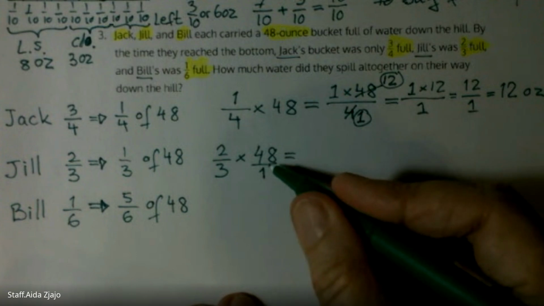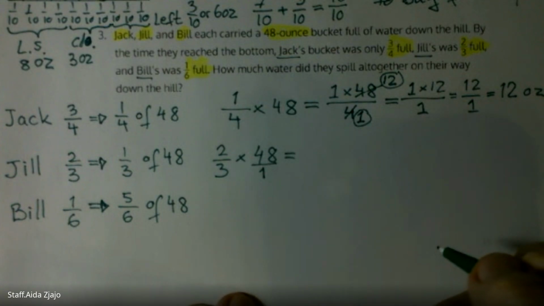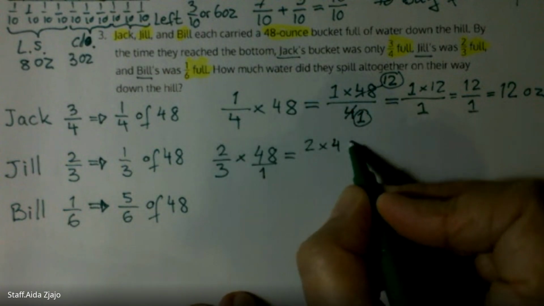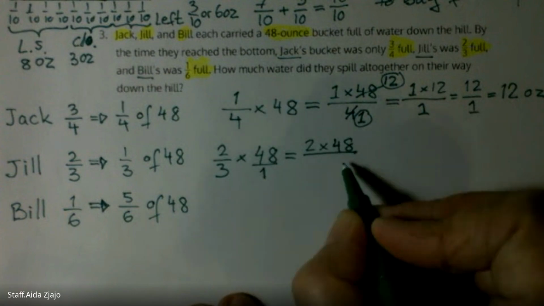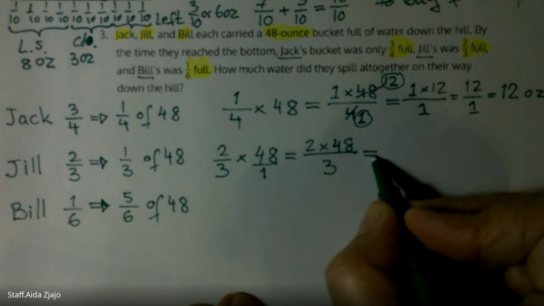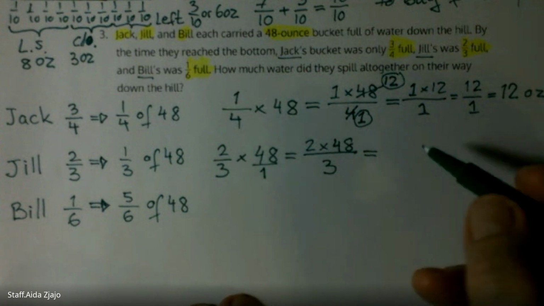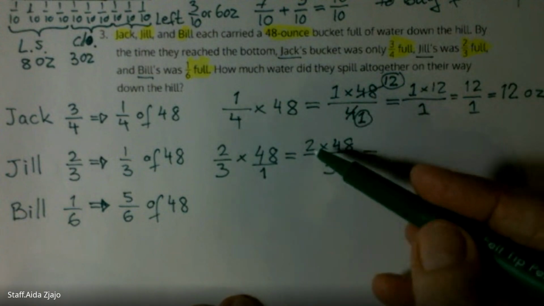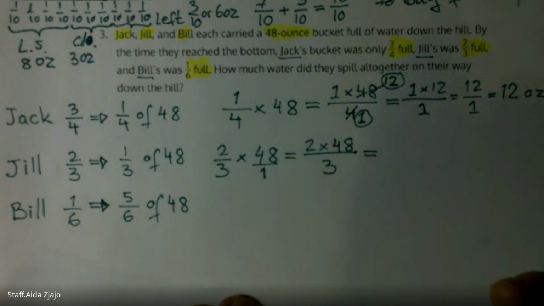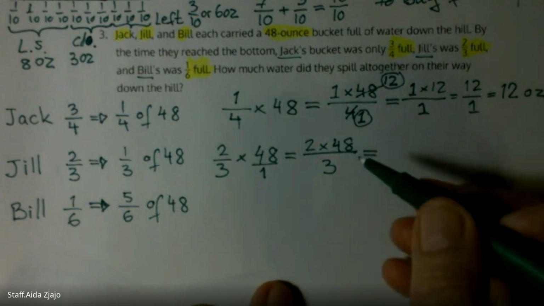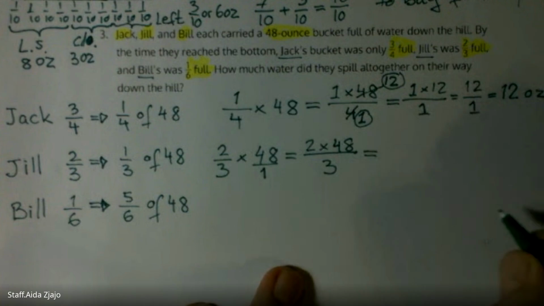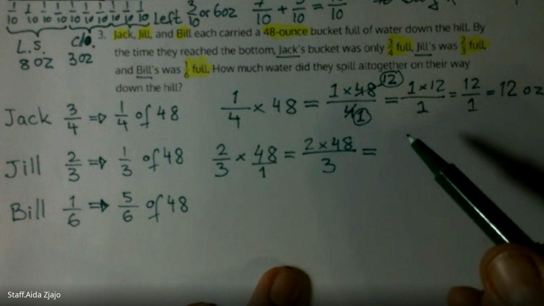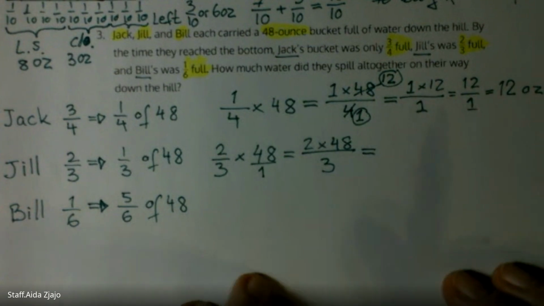This is a fraction representation of 48. So 2 times 48, and then 3 times 1 is 3. So now we need to simplify 3 and 48. If you don't see it, like 3 times 10 is 30, you can think about decomposing.